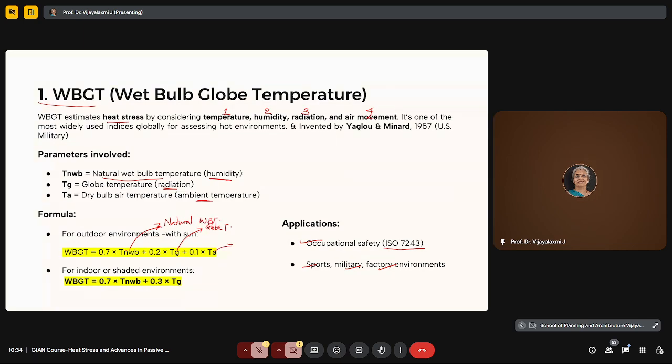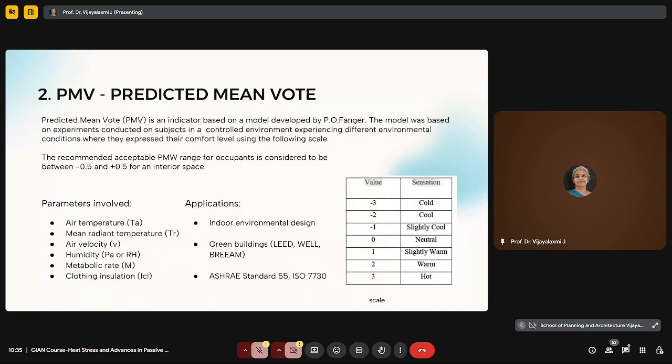And TA is dry bulb temperature, DBT. So if you have the globe temperature, dry bulb temperature, and wet bulb temperature, you can compute the wet bulb globe temperature. And then some corrections. This is for outdoors, and then for indoors, some corrections are there. So with this, we can find out what is the wet bulb globe temperature in that environment.